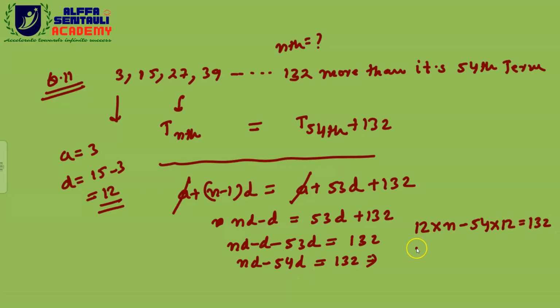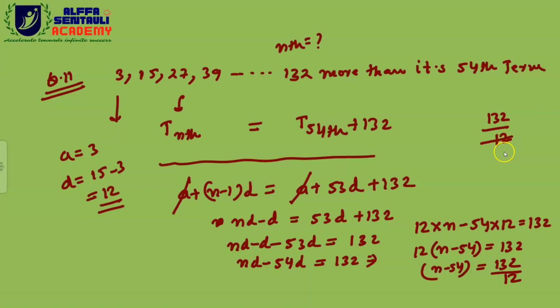We can take 12 common, so this is 12 times n minus 54 equals 132. So n minus 54 will be equal to 132 divided by 12. Solve this. What do we get? 132 divided by 12.